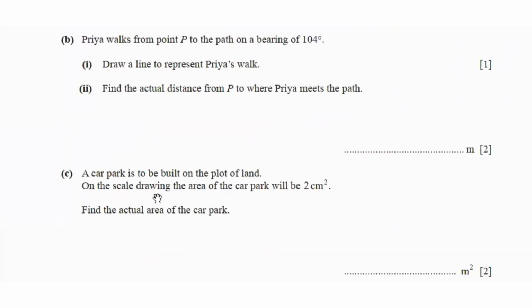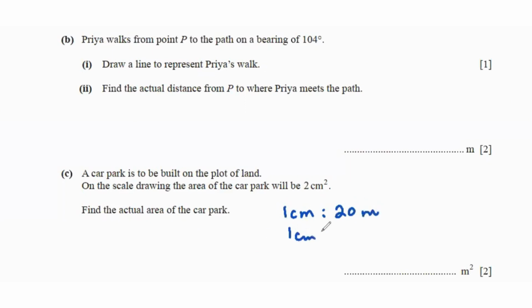Then it says a car park is to be built on the plot of land. On the scale drawing, the area of the car park will be 2 centimeters square. Find the actual area of the car park. They said that 1 centimeter is equal to 20 meters.